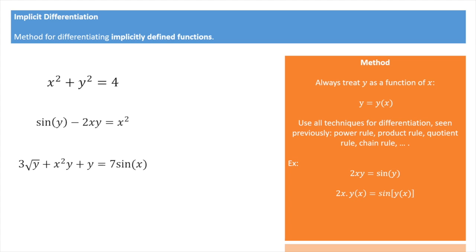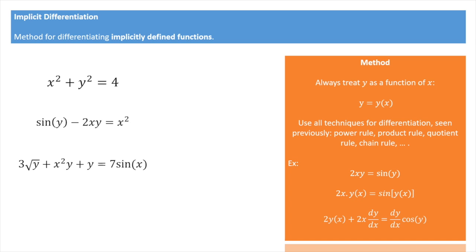And so to differentiate this, on the left-hand side, we'll need to use the product rule, whereas on the right-hand side, we'll need to use the chain rule. We'll see far more about this in just a minute, but the answer to differentiate that expression would be 2 times y of x plus 2x dy/dx equals dy/dx cosine of y. And that stems from the product rule on the left-hand side and the chain rule on the right-hand side.